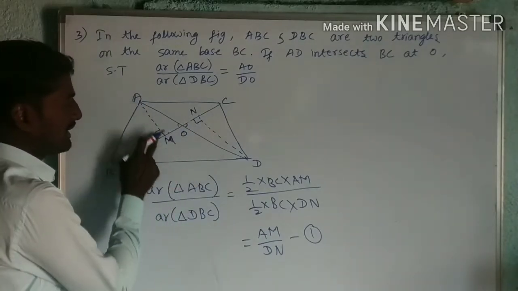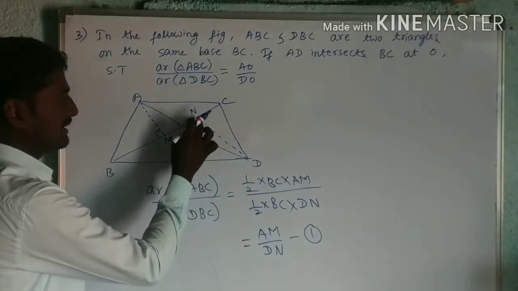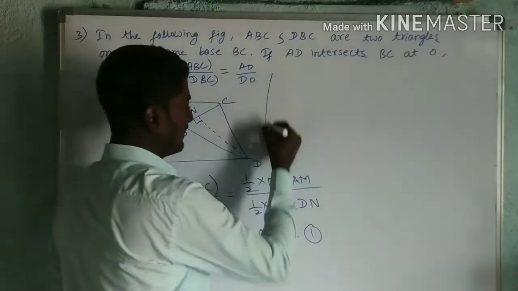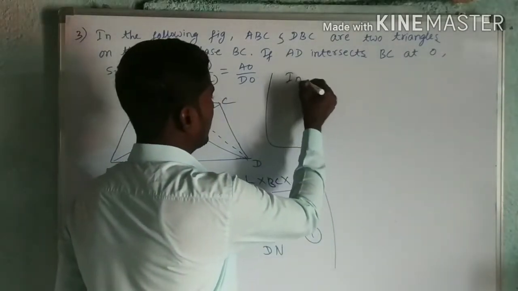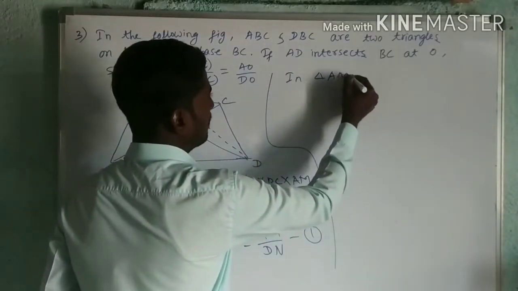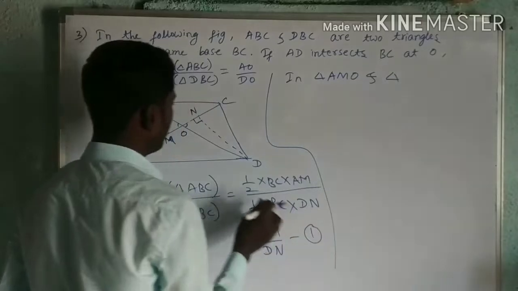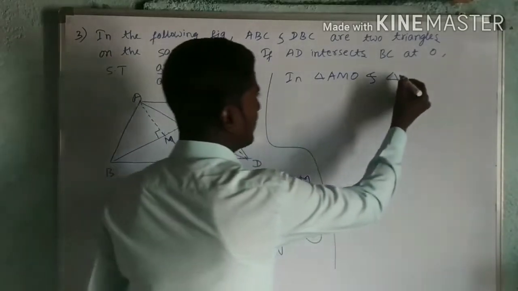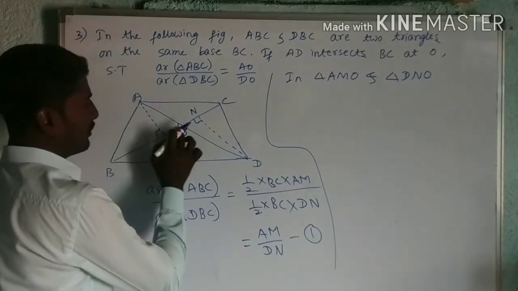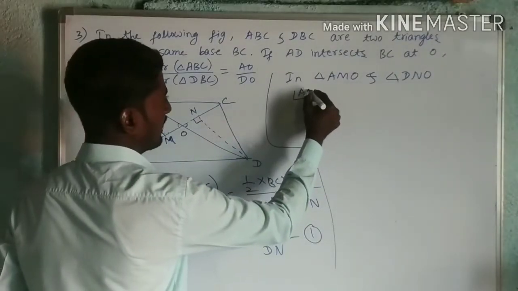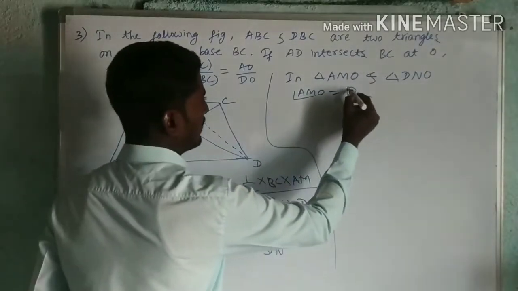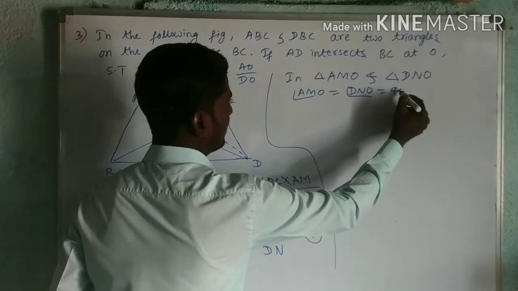Therefore triangle AMO is similar to triangle DNO. In these triangles, angle AMO is equal to angle DNO, which is 90 degrees.